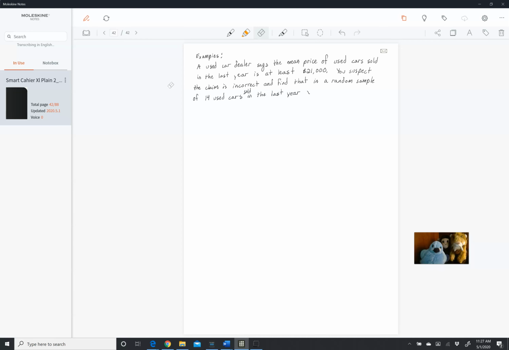And you find that the mean price, so this is a sample mean, is $19,189. Okay, you also find that the standard deviation, which is S, is $2,950. Okay, remember S is the symbol for sample standard deviation.